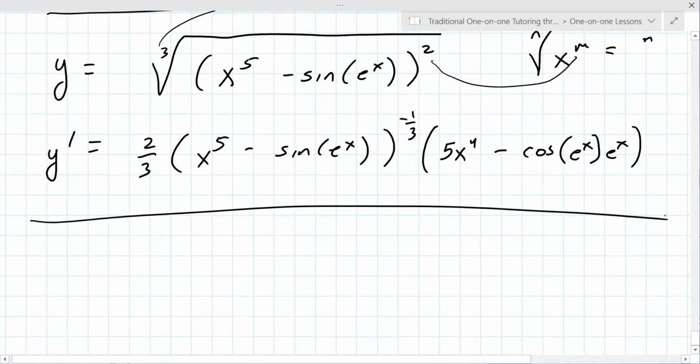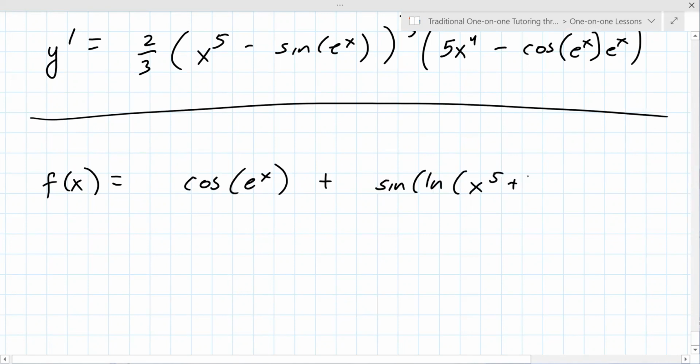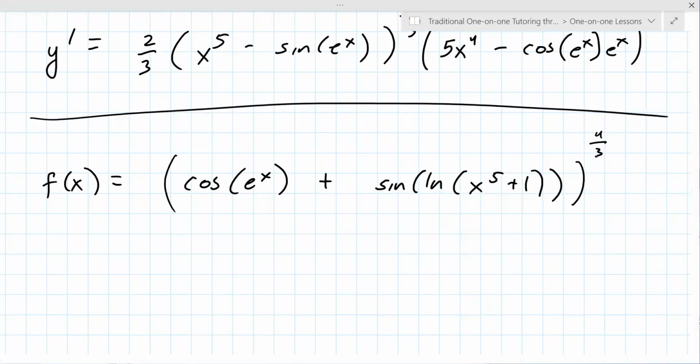Okay, let's try one more here. f of x equals cosine of e to the x plus sine of natural log of x to the fifth plus 1, all to the 4/3 power. Okay, so f prime of x equals 4/3.